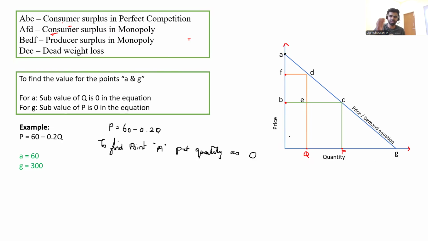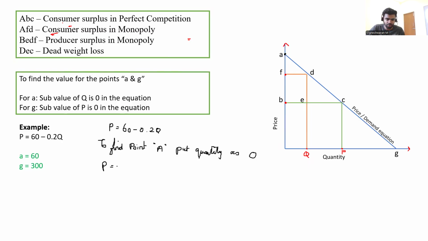It is just like normal coordinate geometry. Any point in the y-axis will have x coordinate 0. Any point in the x-axis will have y coordinate 0. Okay, so that's what we are going to do.